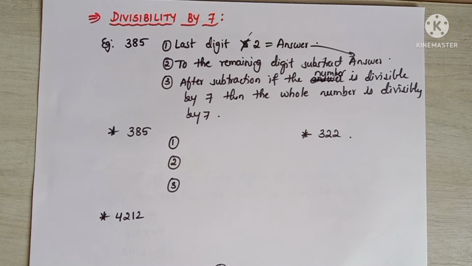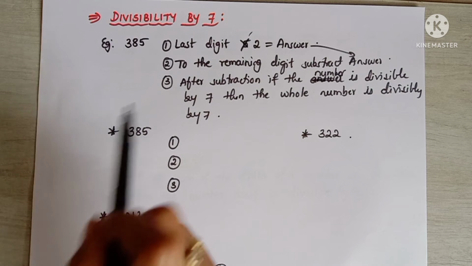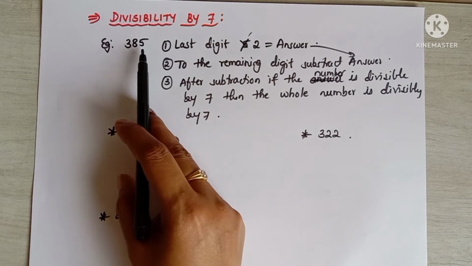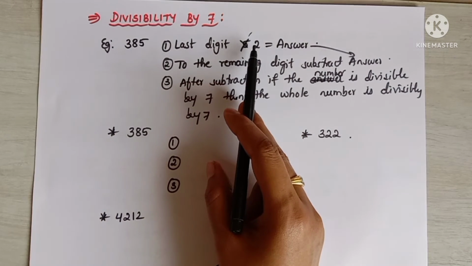If a number is given, and you want to check whether it is divisible by 7, what do we have to do? First, we have to multiply the last digit, that is, the units place digit, by 2.